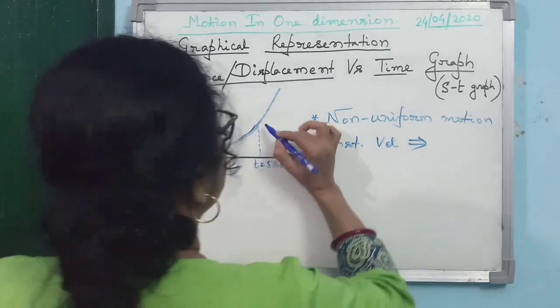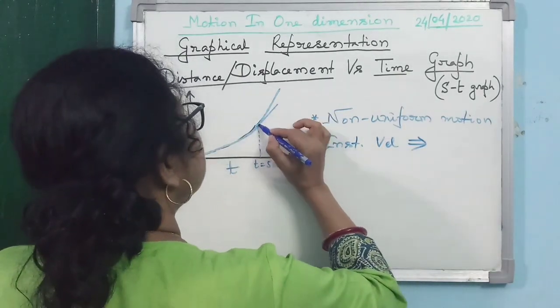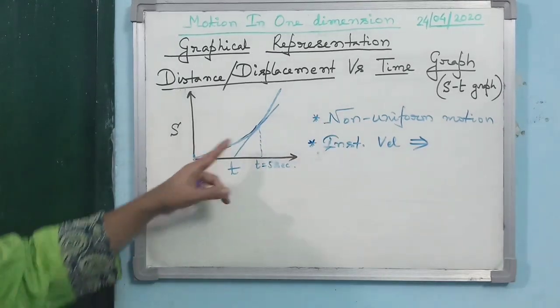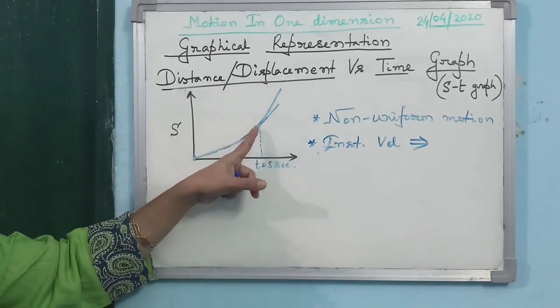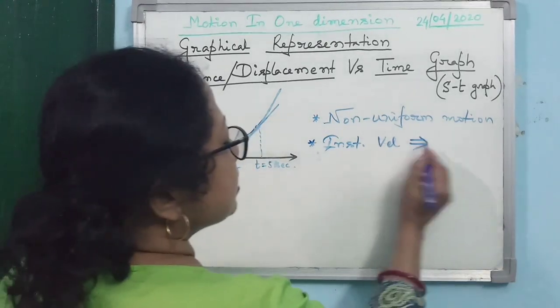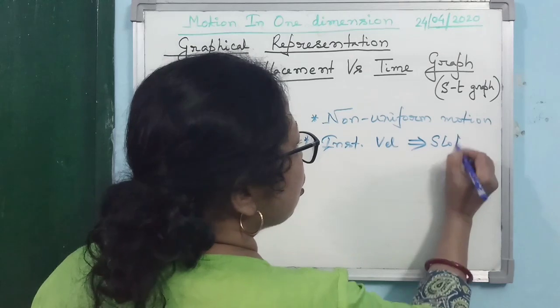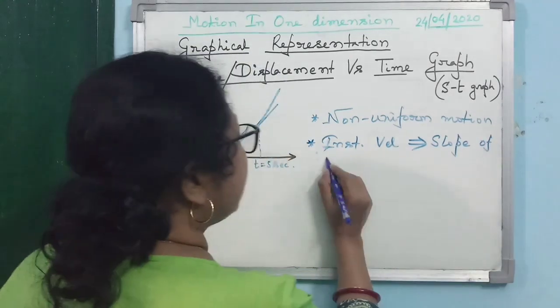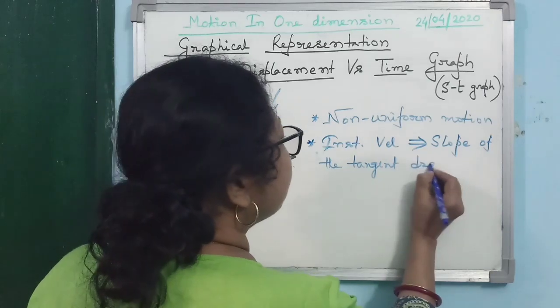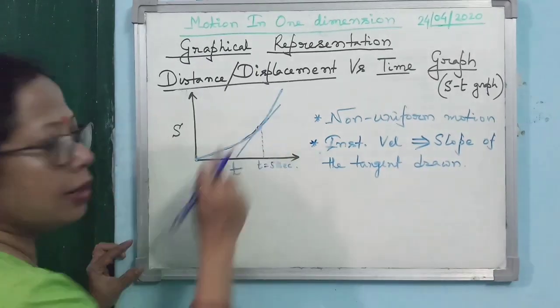So what will you do? You will draw a tangent to the graph. A tangent is a line touching the curve at one point. So what will be the instantaneous velocity? The slope of the tangent drawn at that point.